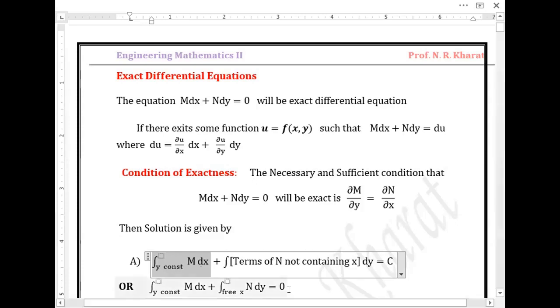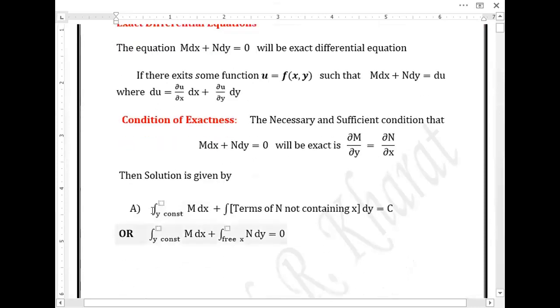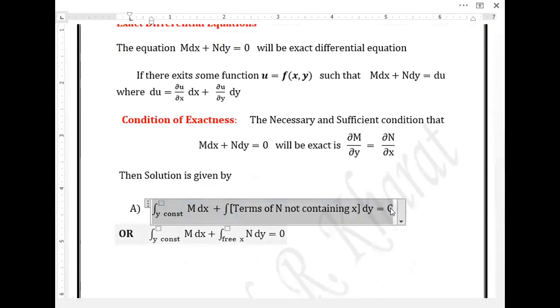So the general formula to find the general solution of an exact equation is the integration of M with respect to x, keeping y as a constant, plus the integration with respect to y of the terms in N that do not contain x. This gives the solution of your exact differential equation.